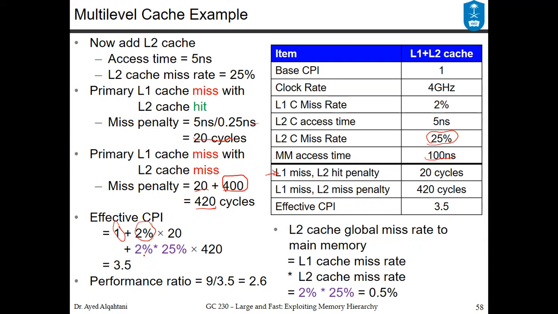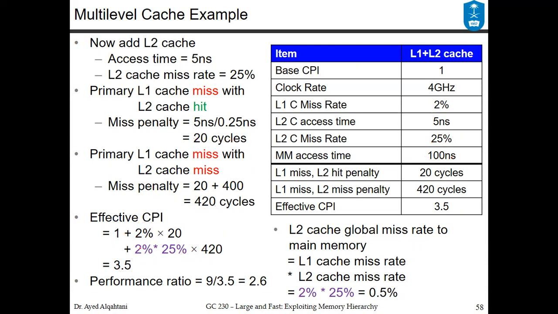Plus, if you missed it in level 1 cache, so this is the miss rate of level 1 cache, and you also miss it in level 2 cache, and that's the miss rate of the level 2 cache, which is the 25%, times how many cycles you are going to spend, which is the 420. And if you calculate this, you'll find that it's equal to 3.5.